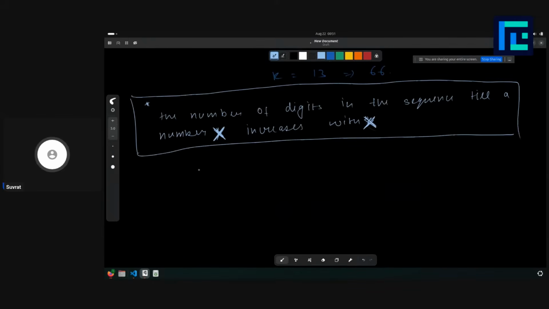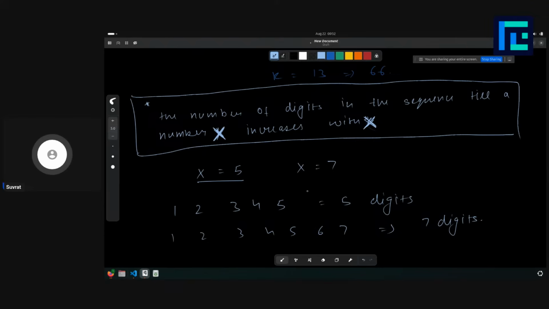Let's take x equal to 5 and x equal to 7. The number of digits in the array till x equal to 5 will be 1, 2, 3, 4, 5, which is 5 digits. And till x equal to 7, it would be 1, 2, 3, 4, 5, 6, 7, which would be 7 digits.